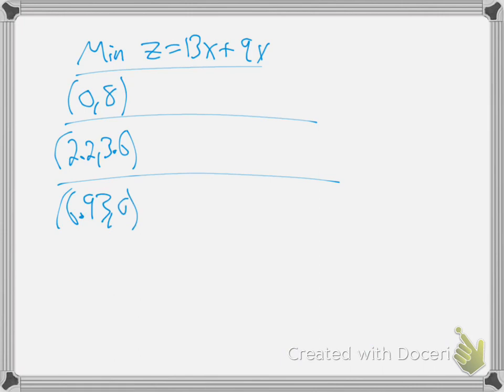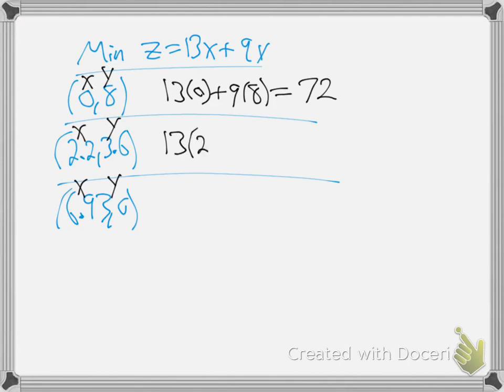All right. Plug them in one at a time. Here we go. This is x, this is y. So 13 times 0 plus 9 times 8, that's 72. And then 13 times 2.2 plus 9 times 3.6, I have no idea. 61.